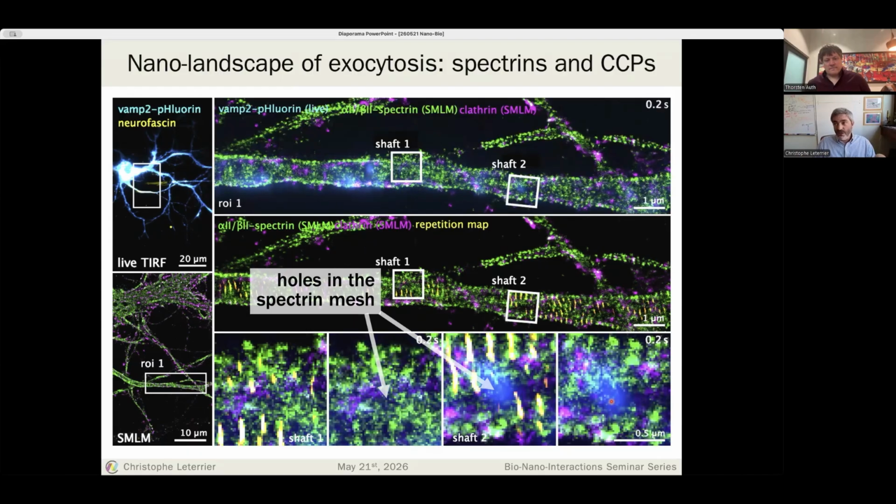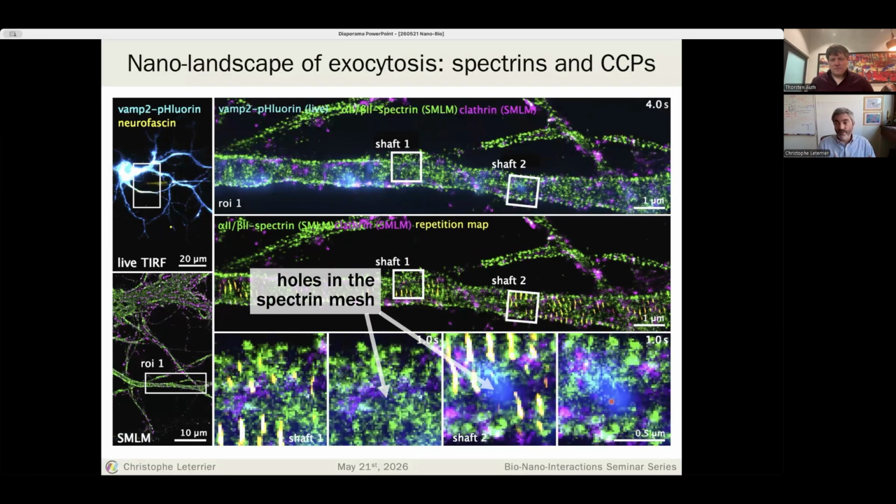So it seems to imply that there are two types of holes along the axon. One is used for endocytosis, the clearings that we were able to visualize down to the precision of electron microscopy, and the exocytic holes. We don't think they are clearings. There might be a different type of structure.